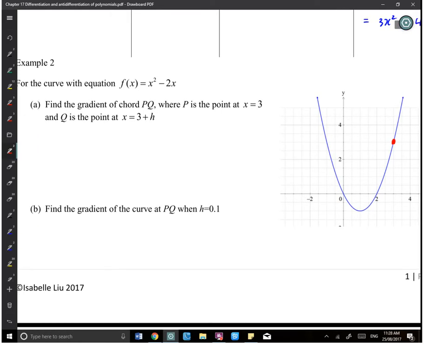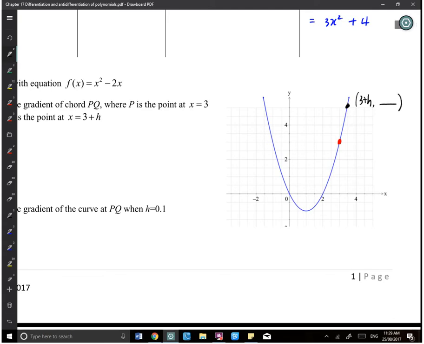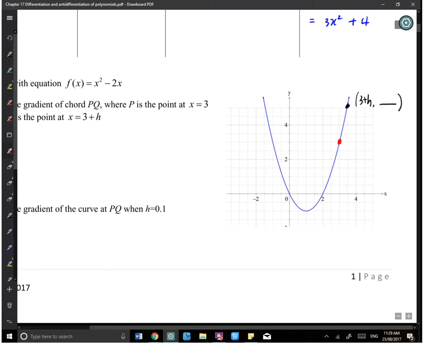And the point Q is at the point 3 plus h. I don't know where 3 plus h is. I can just randomly choose a point. That's 3 plus h, with a y value. And I want to find the gradient between them. Okay, I want to find this gradient.